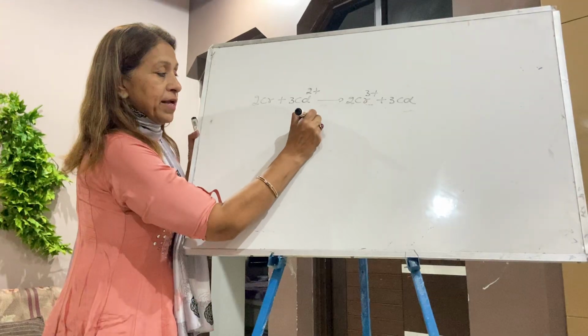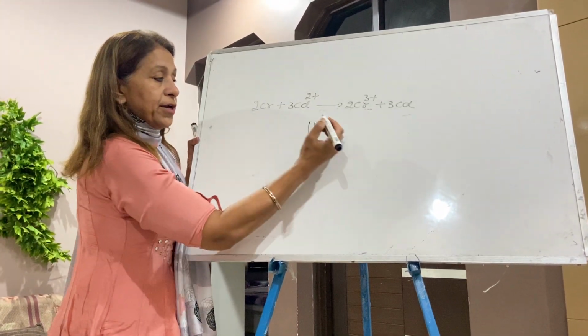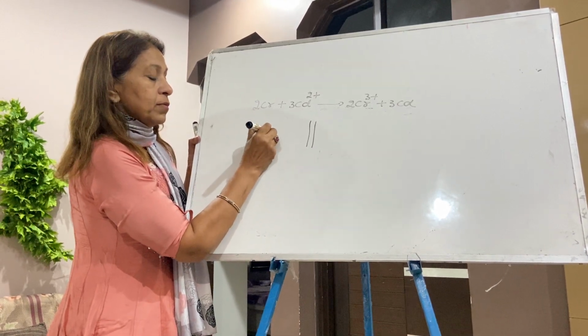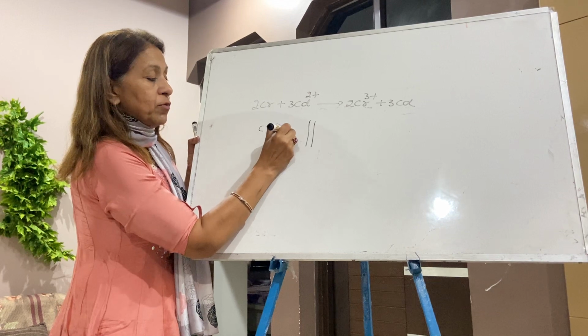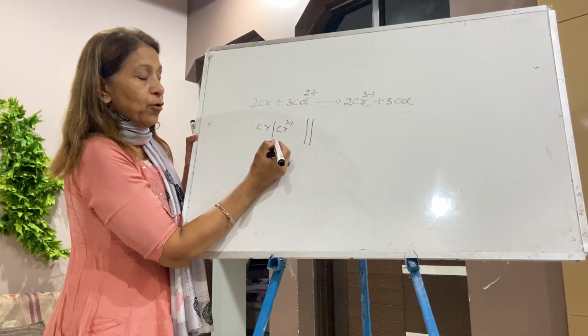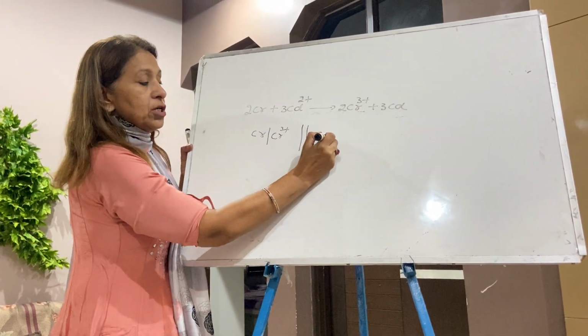Make the cell representation. This is the double vertical line. This side is the cathode, this side is the anode. Your anode is chromium, a single line, chromium 3+. Whose oxidation number increases is the anode; whose oxidation number decreases, reduction, is the cathode.